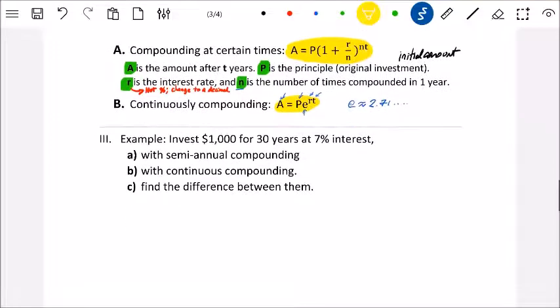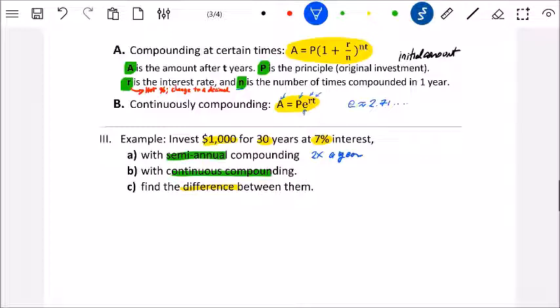Invest $1,000 for 30 years at 7% interest rate. And then we're going to look at semi-annual and continuous compounding, and then we're going to find the difference. So first, semi-annual means 2 times a year.